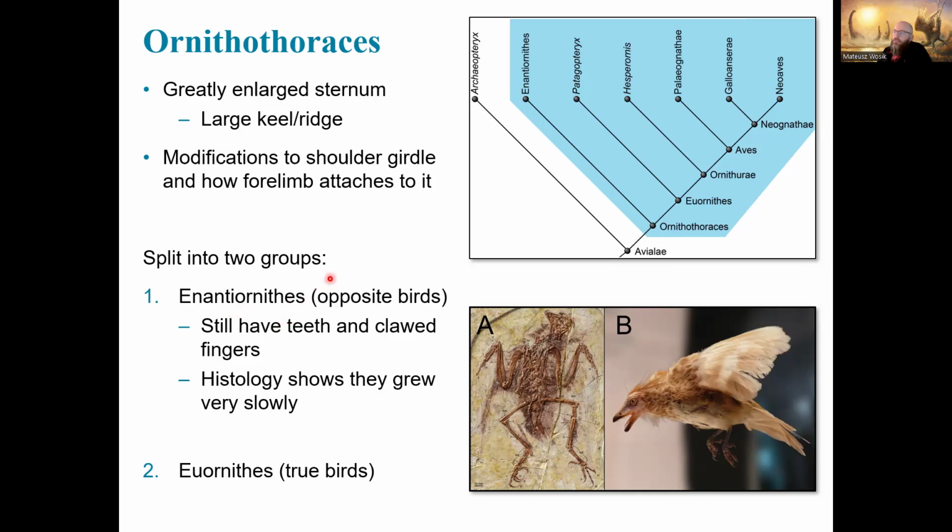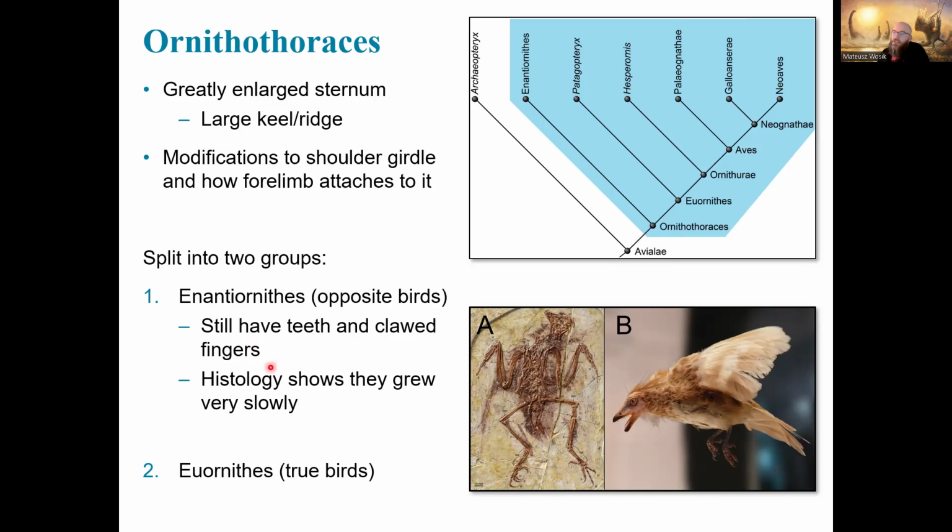Enantiornis, these are what we refer to as opposite birds, other than the true birds, which are euornithes. But Enantiornis are still going to have teeth. They're still going to have clawed fingers on their forelimbs, whereas modern birds don't.